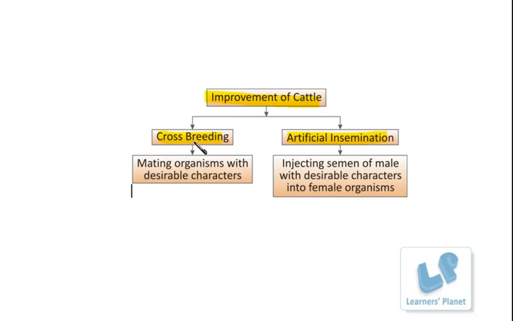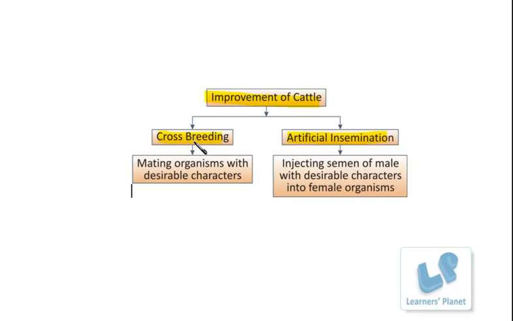As I said, the Indian cows have good resistance power, and on the other hand, the foreign breeds have a good lactation period. So if the cows of these two different breeds, exotic and Indian, are allowed to reproduce together, what will happen? The new individual which is produced will have the characteristics of both the parents.